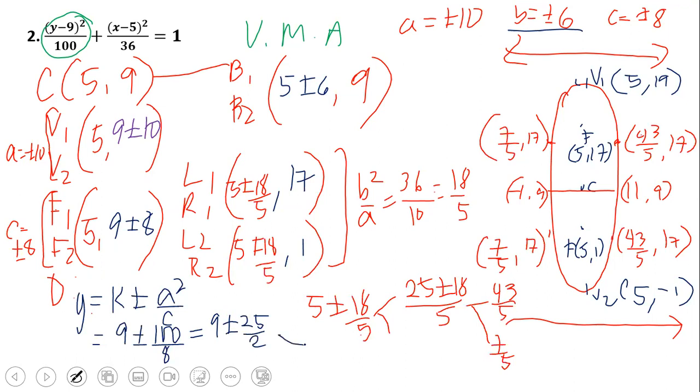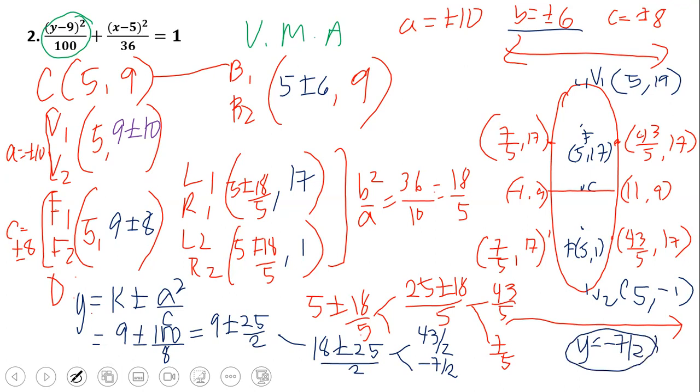So one value is 9 times 2 is 18, plus minus 25 over 2. One value is 43 over 2. The other is negative 7 over 2. So this means you already have y is equal to negative 7 over 2. And the other directrix is y is equal to 43 over 2 for the directrix.